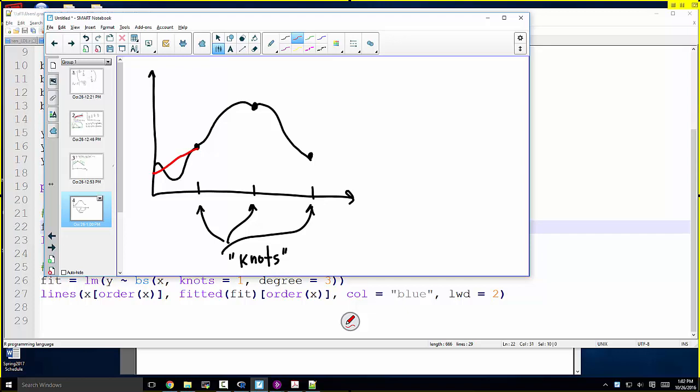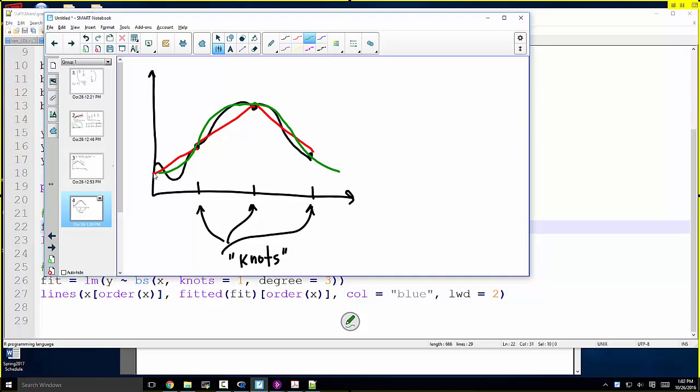If I said fit a B spline to these data with these 3 knots of degree 1, I would be fitting connected line segments. If I increase the degrees of freedom to, say, 3, then I allow for there to be essentially a cubic polynomial inside each of these regions, with the restriction that they join and are continuous at the knots.